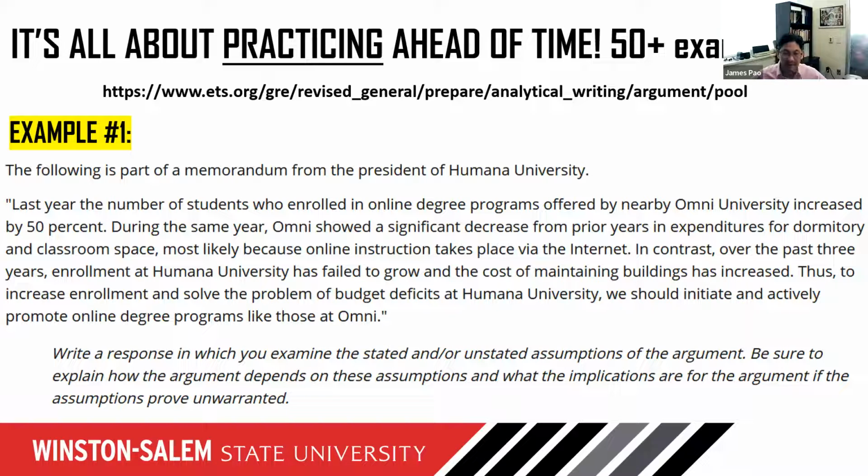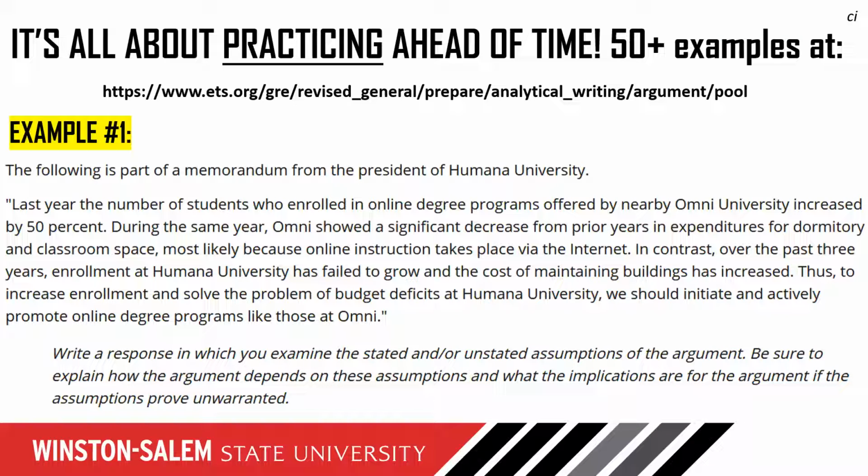So that's why he's writing this memo, because he's very concerned. And you can see why, because Omni has increased enrollment in online programs and decreased the expenditures. However, Humana has increased the costs. So they are now arguing that they should promote online degree programs, just like Omni. Does that make better sense now?